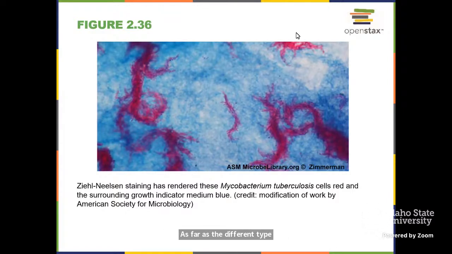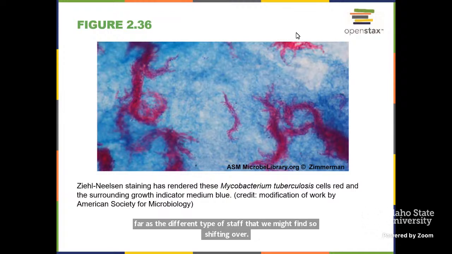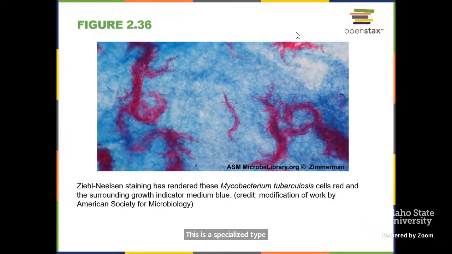So shifting over, this is a specialized type of staining procedure. It allows us the opportunity to see things that really would maybe be lost on a gram stain, all right?